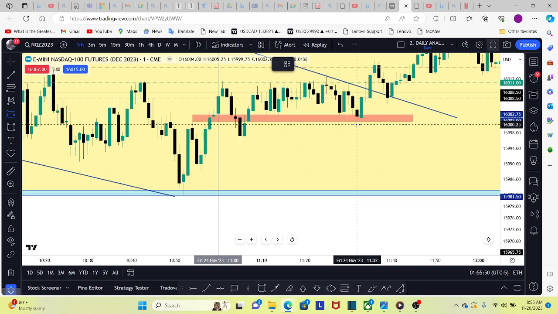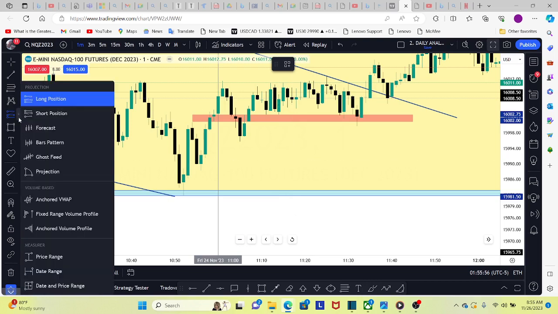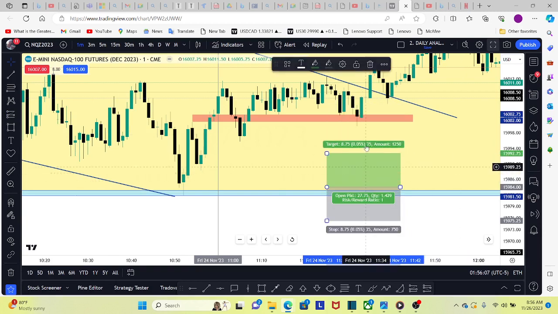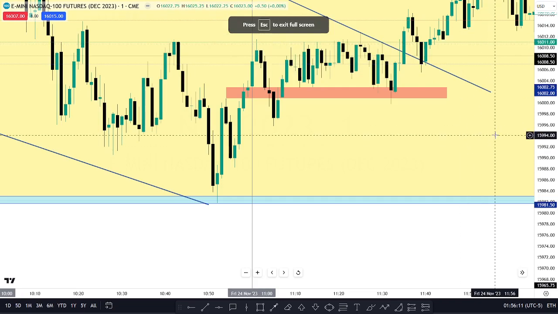The power of 3 entry. Let's just annotate what happened here. I'll take the long and the short. Let's go back, guys. Let's go back to full screen mode. I think I like that one better.